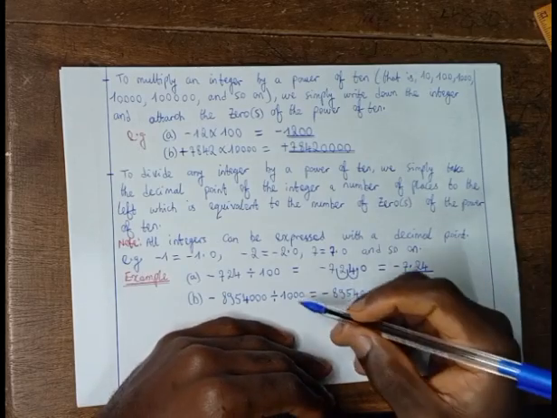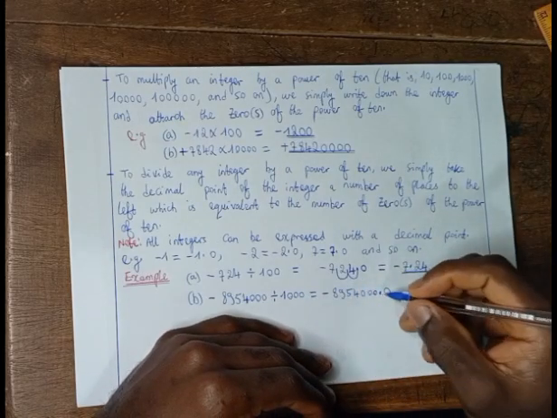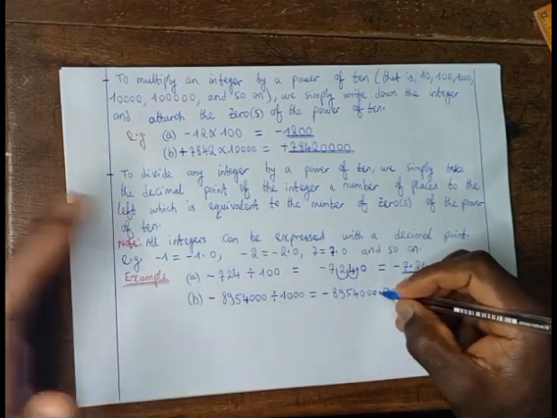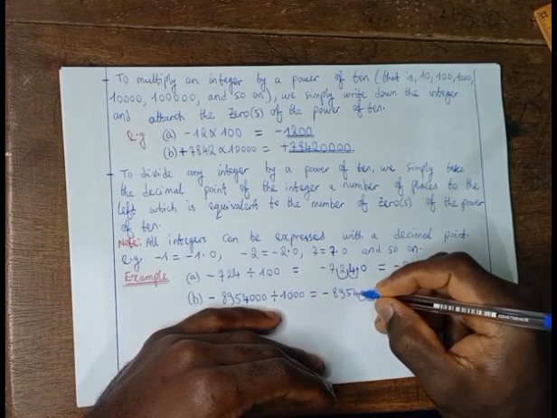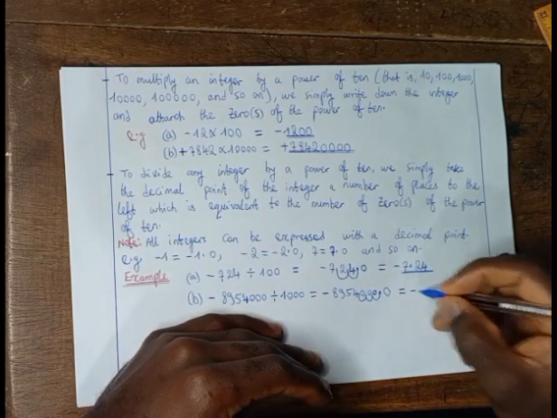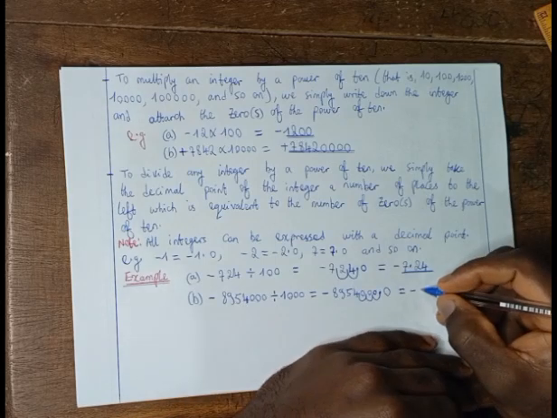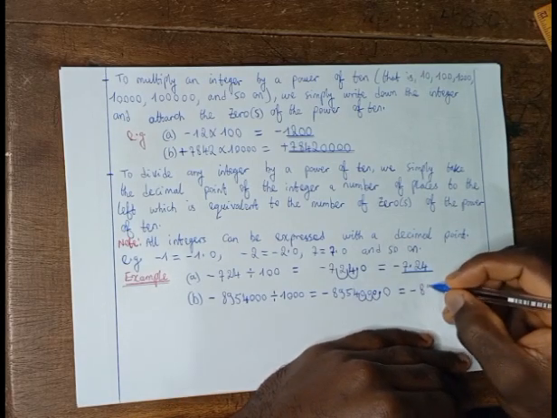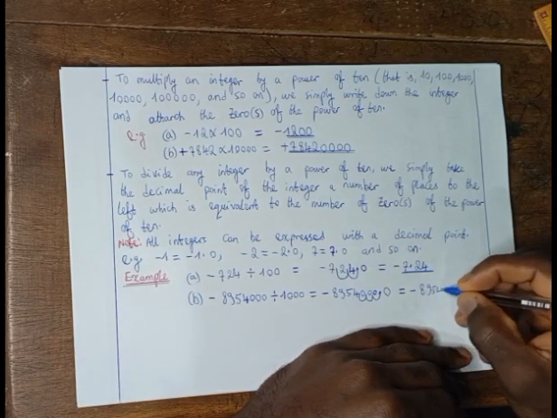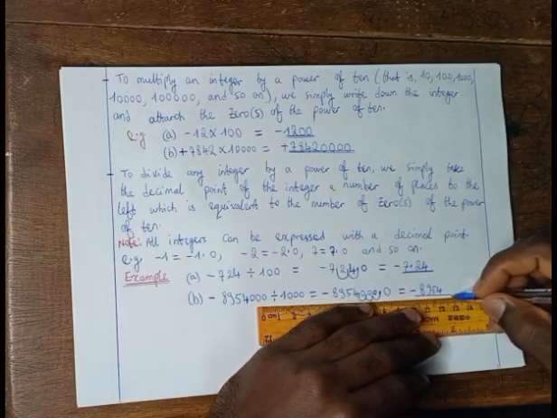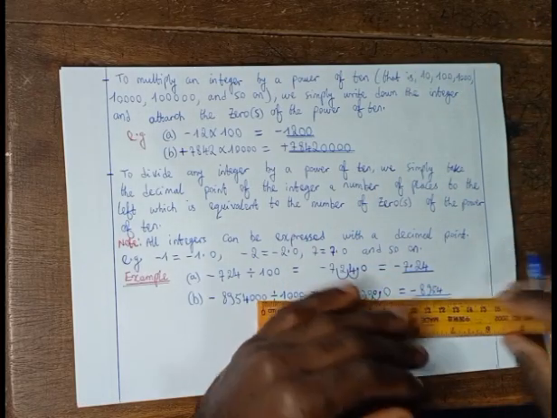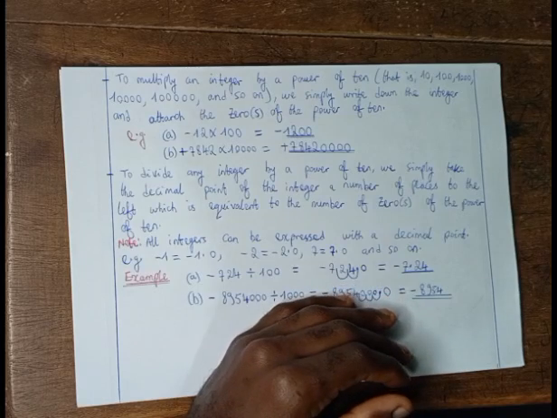We are dividing by a power of 10 which has 3 zeros, so we take the decimal point 3 places to the left, 1, 2, 3. This will simply give us negative 8,954. So you take note of this.